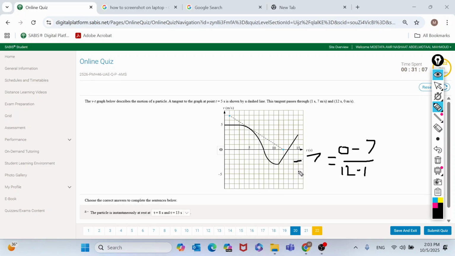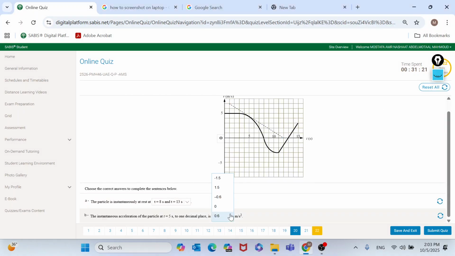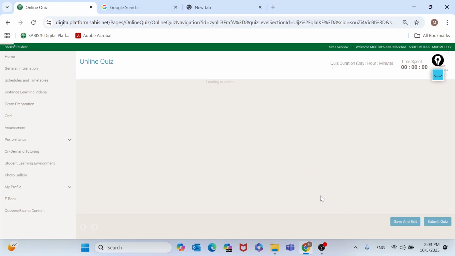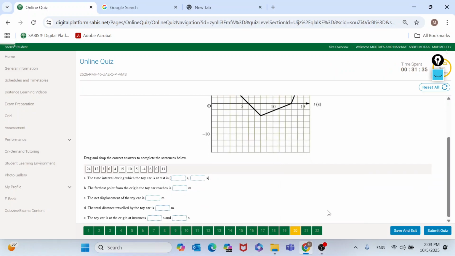Negative 7 over 11 on the calculator is negative 0.6363. Negative 0.64. Okay, this one I didn't solve.